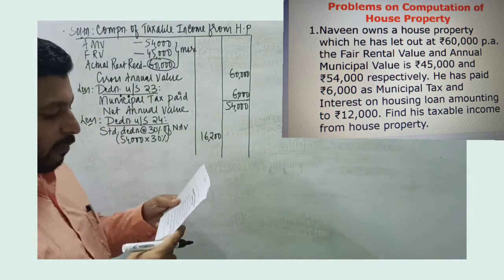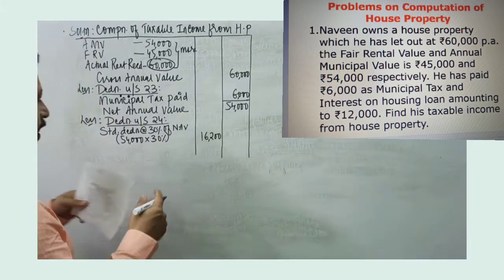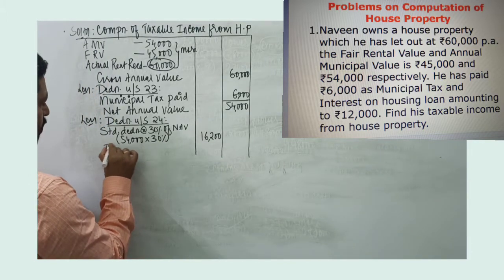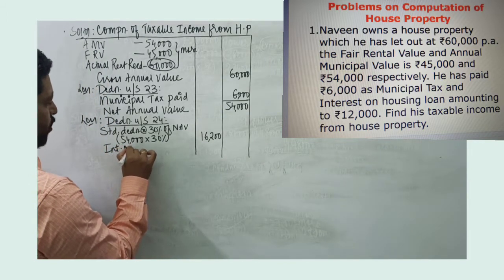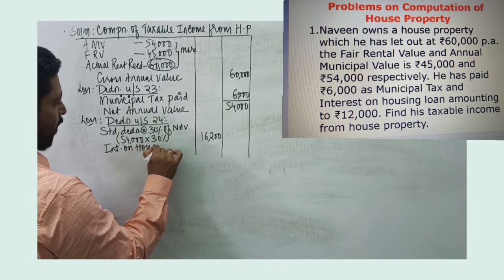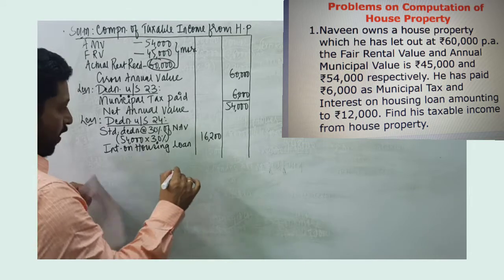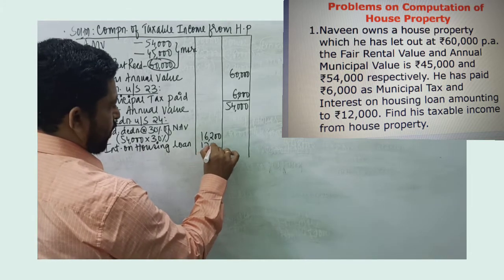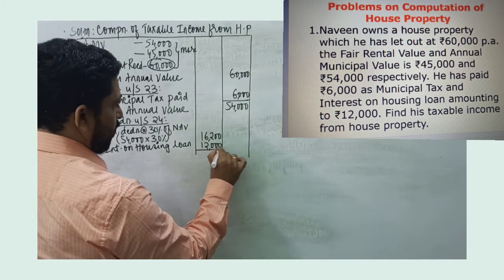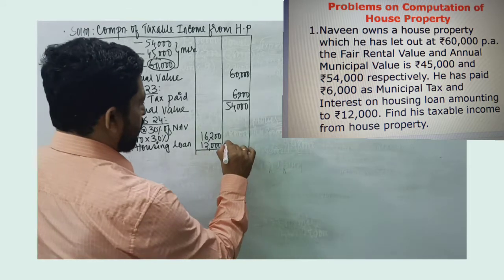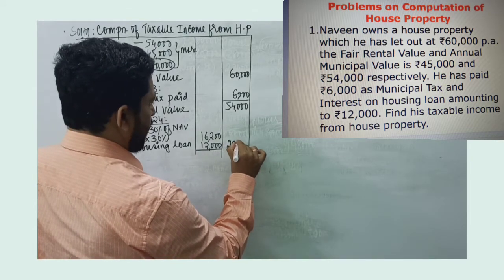And also in this problem, it's given interest on housing loan amounting to rupees 12,000. So I record over here interest on housing loan. The amount given is 12,000 rupees. So total deduction under section 24 is 28,200.